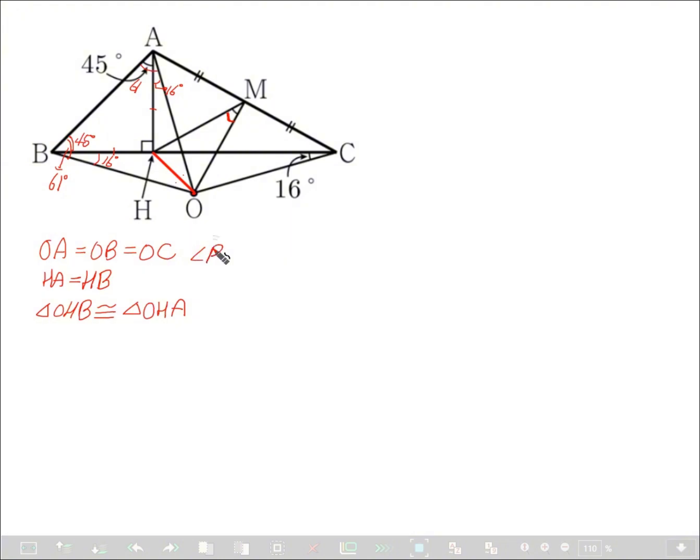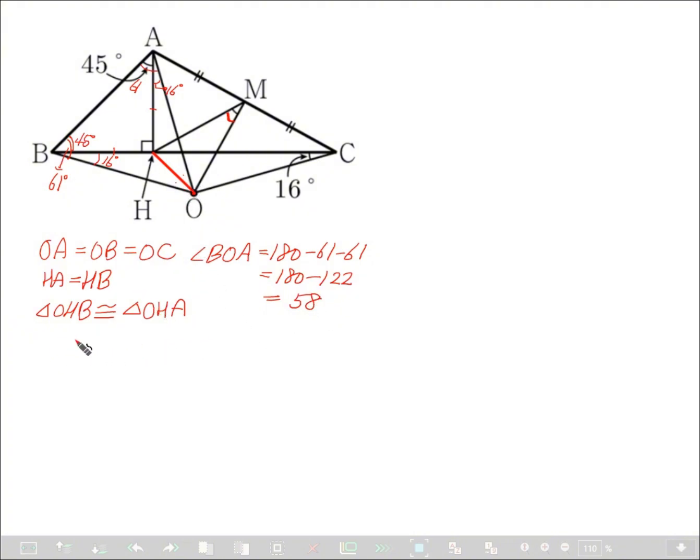Angle BOA, AOB, is 180 minus 61 minus 61, which is 180 minus 122, which is 58.